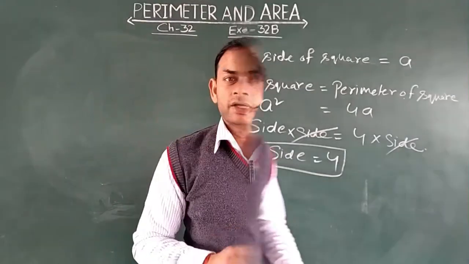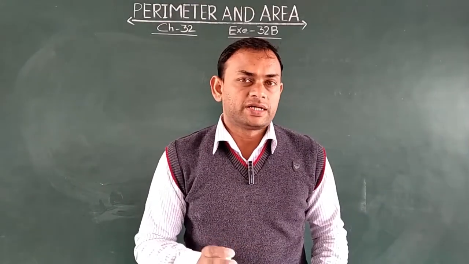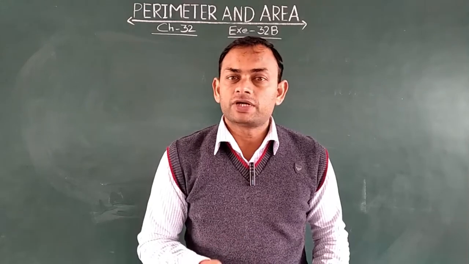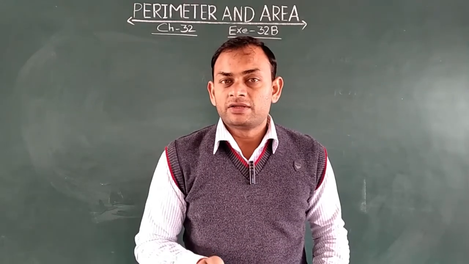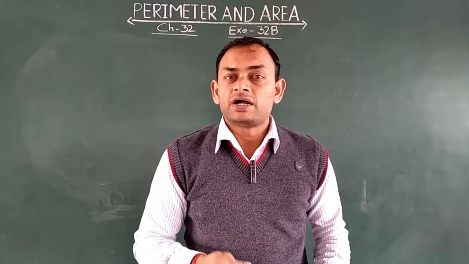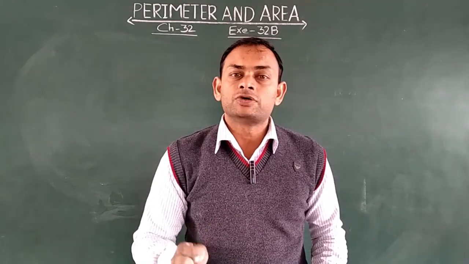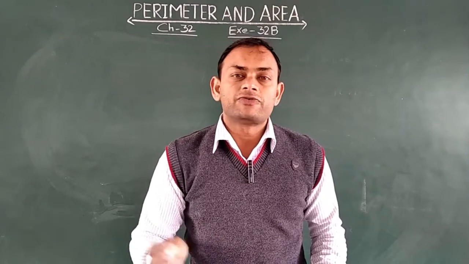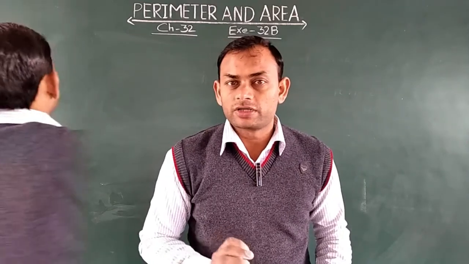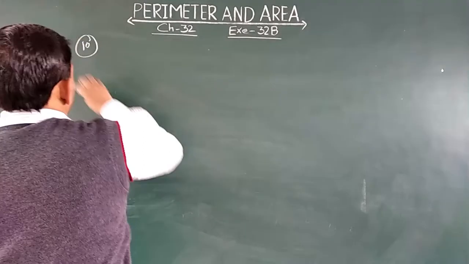Got it? Now I am just going to tell you question number 10. This question is saying, what will happen to the area of a rectangle when length and breadth both are tripled? Tripled means 3 times, means the length and breadth both are made 3 times of their original length and breadth. Okay, so this is question number 10.